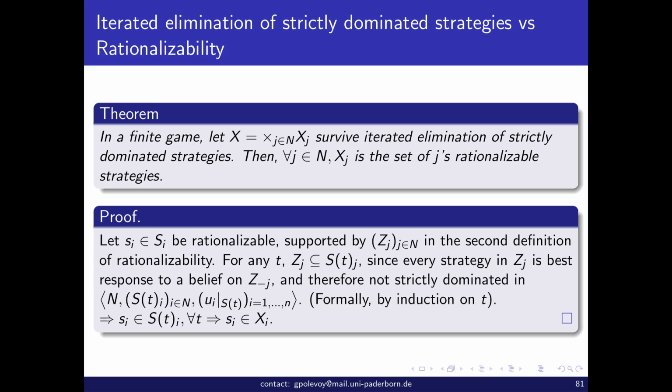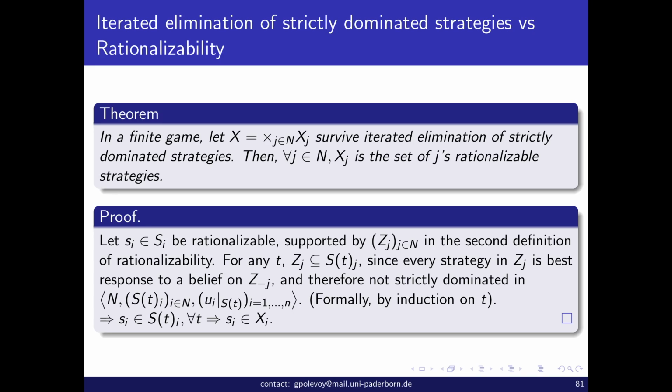And now there is a central theorem here. In a finite game, define X to be the Cartesian product of the strategy sets of players 1 to n, for each player, those who survive iterated elimination of strictly dominated strategies.